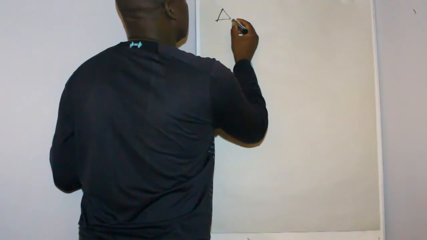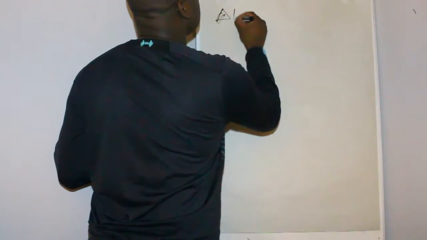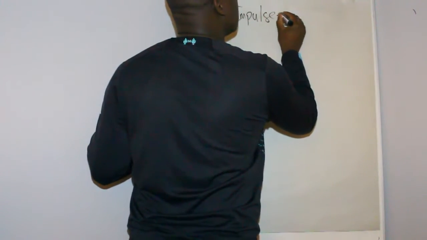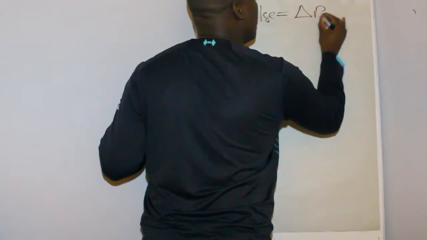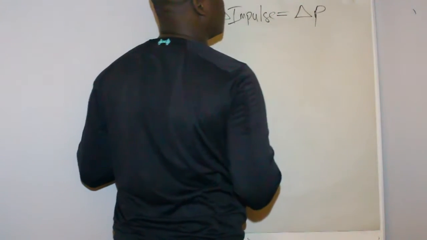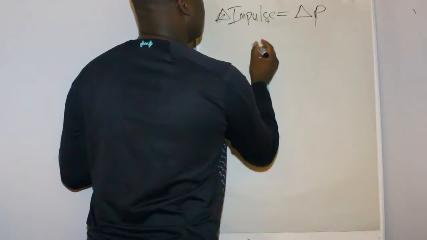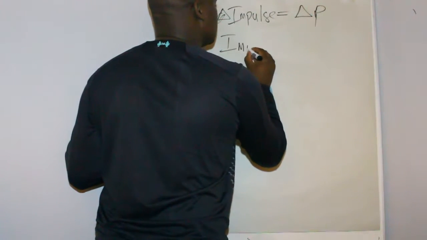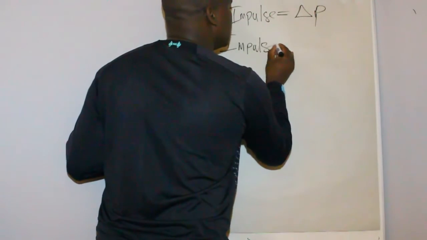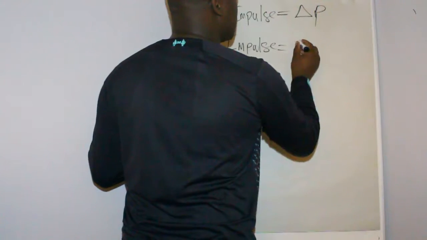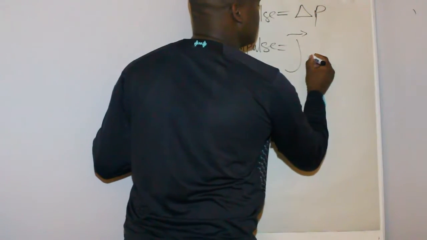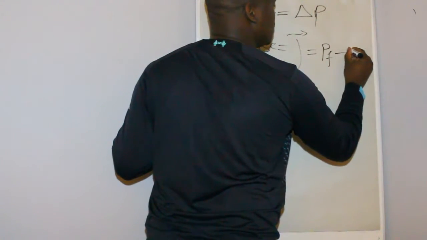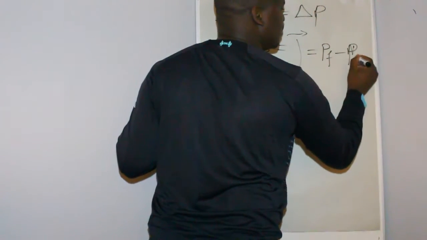The impulse is denoted by J, which is equal to the change in momentum, which means momentum final minus momentum initial.